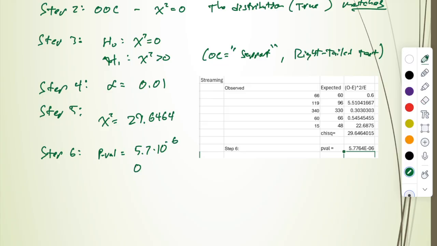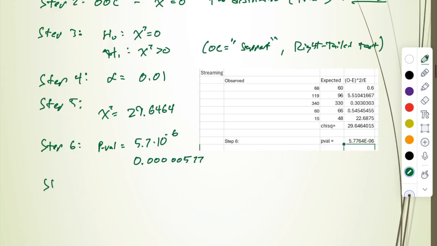Just to show you guys what that is, that's 0.0000057. So that is a very, very, very small number, right? And so step 7: is P less than alpha? The answer is yes. So we are going to reject that null.